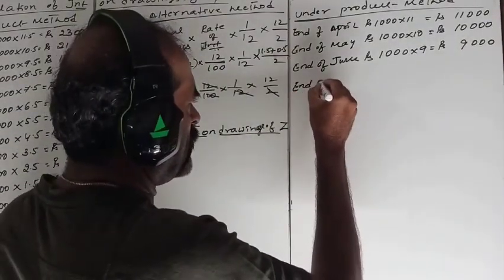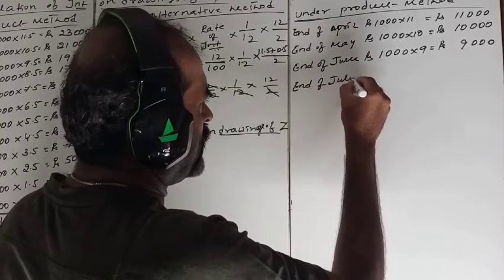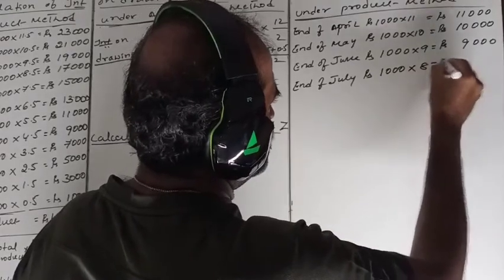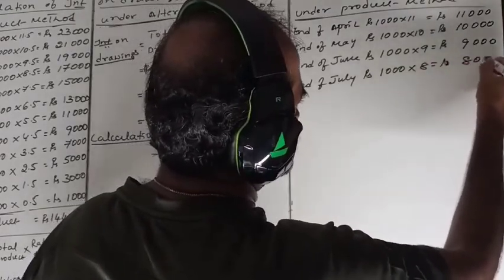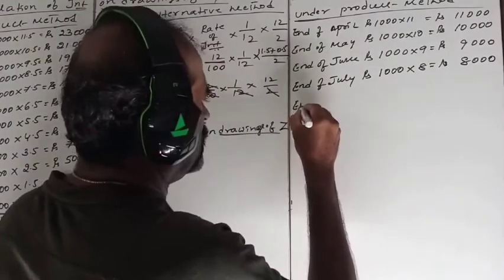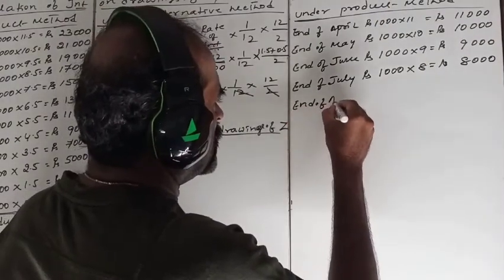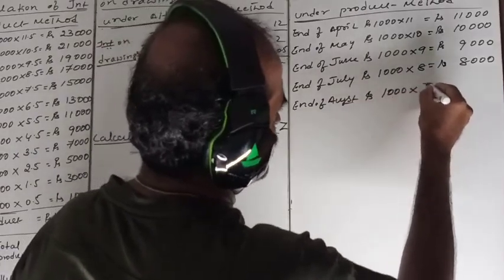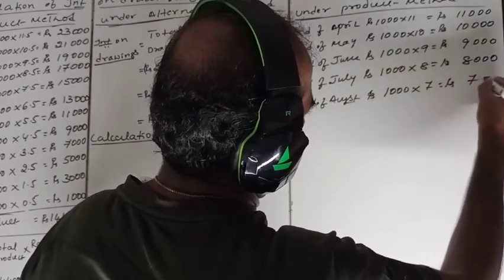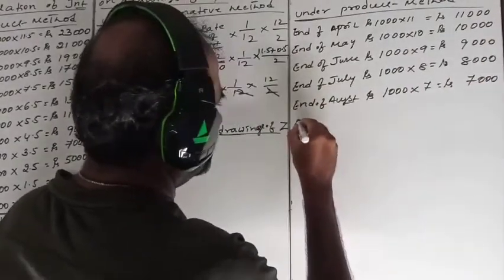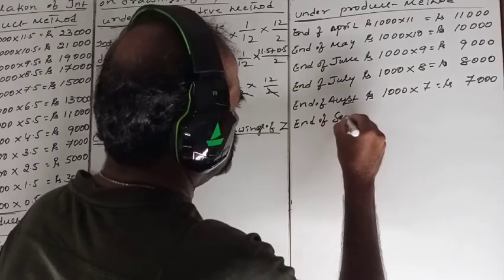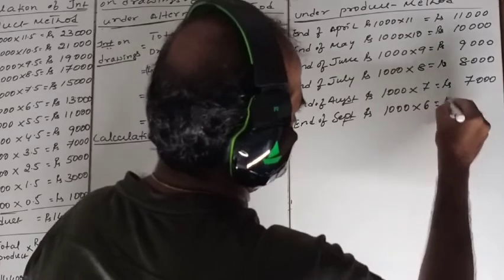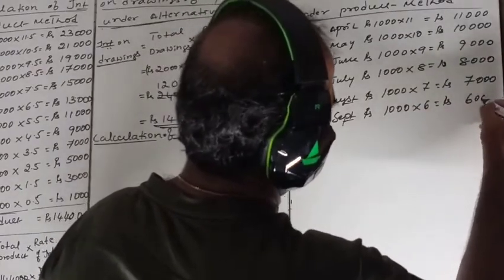The next withdrawn end of July rupees 1000 up to 31st March, 8 months, 8,000. The next end of August rupees 1000 for 7 months, 7,000. Then end of September rupees 1000 for 6 months, rupees 6,000.